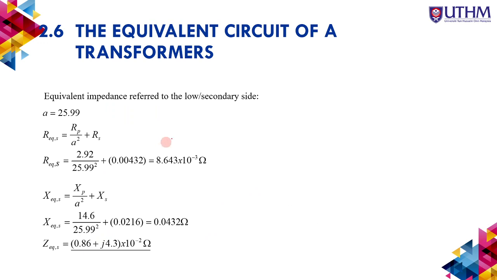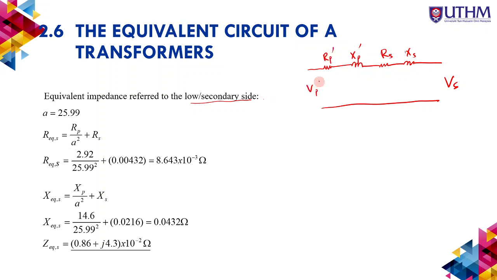Then they say refer to the low secondary side. So we draw first what components it consists of. This is Vs, this is Xs, this is Rs, this is Xp prime, this is Rp prime, this is Vp prime.